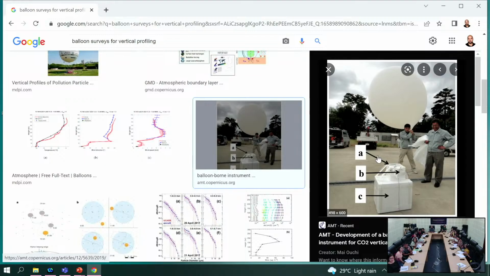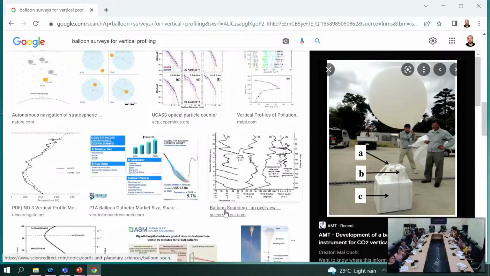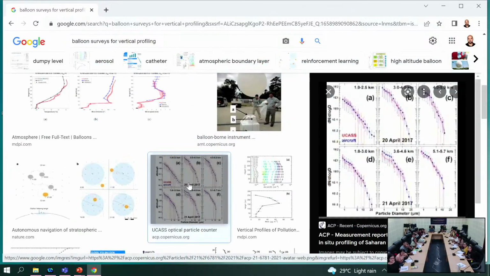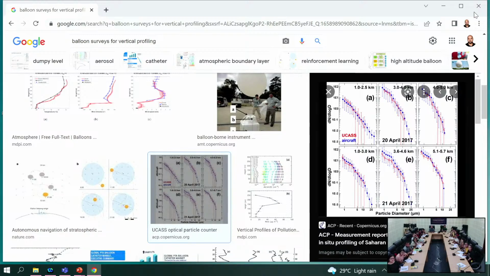See, these are the balloons used for profiling, and this kind of result they are getting. Got it?